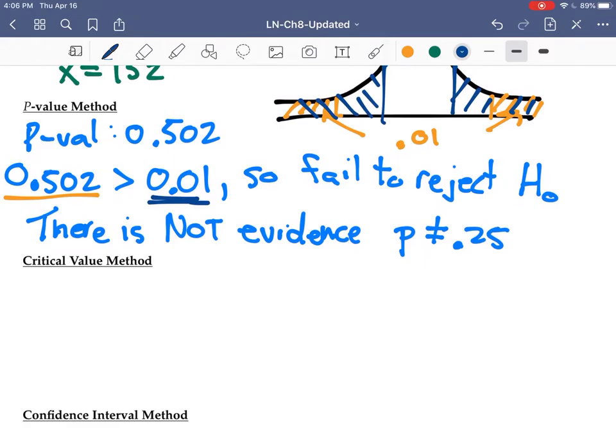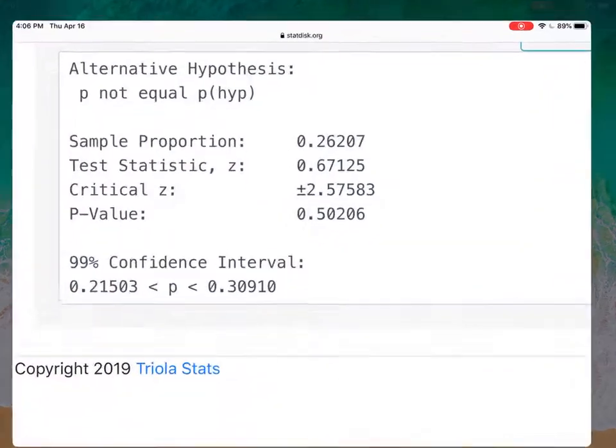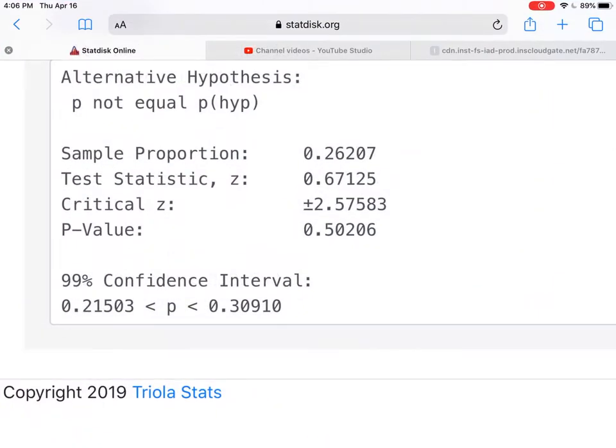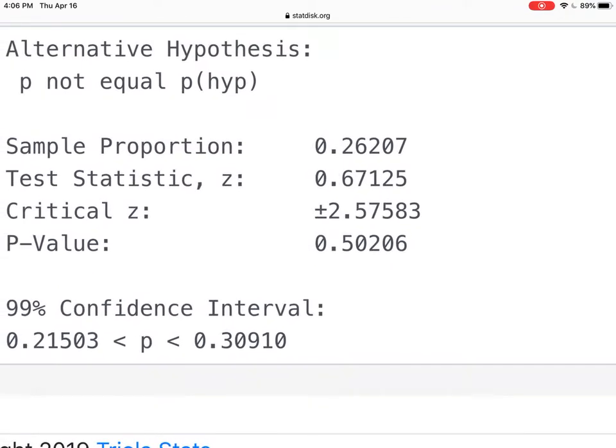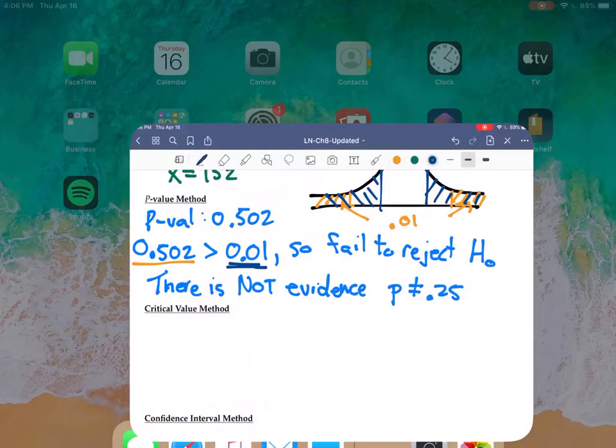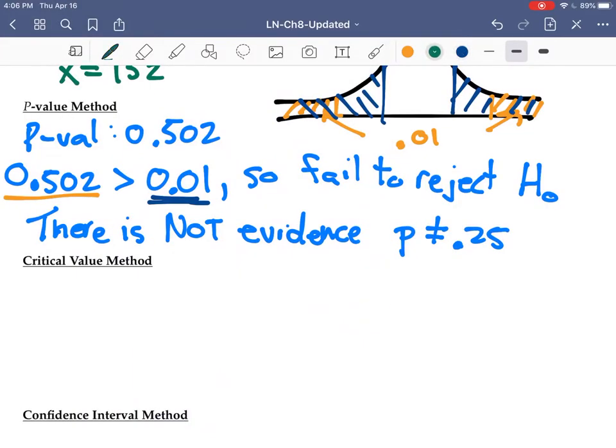We could use a critical value method. So let's go back to StatDisk. It told us a critical value. We have two critical values, plus and minus 2.576. They are z-values.